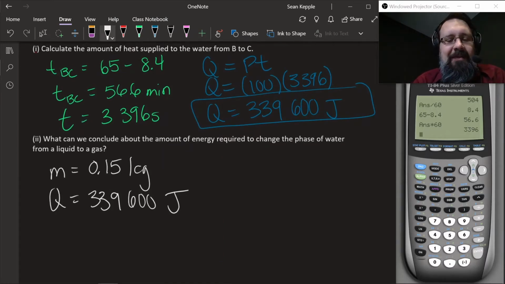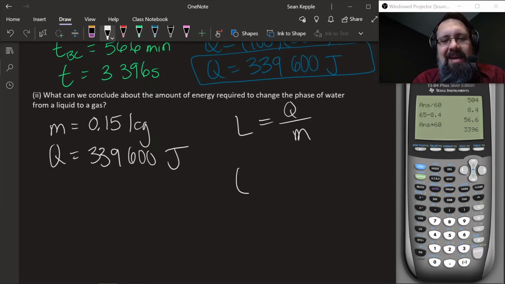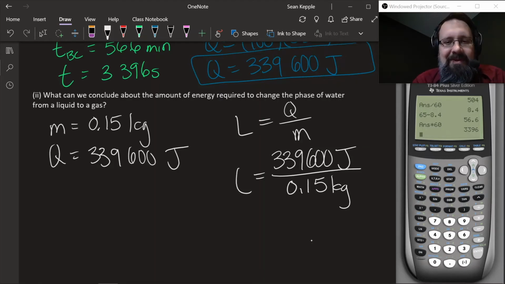We define this as L, the latent heat. L is equal to Q divided by M, in joules per kilogram. So the latent heat is 339,600 joules divided by 0.15 kilograms.